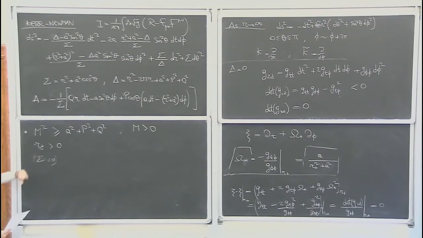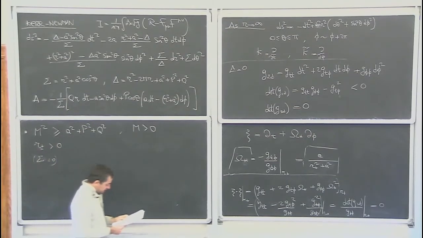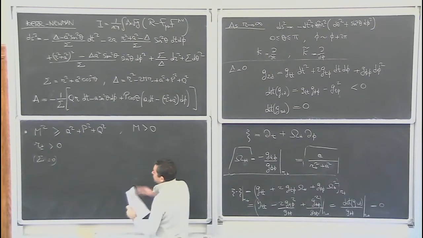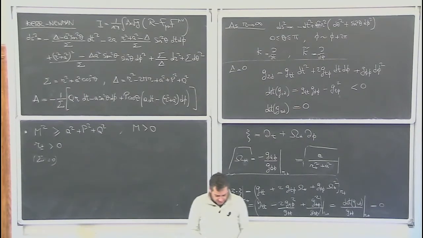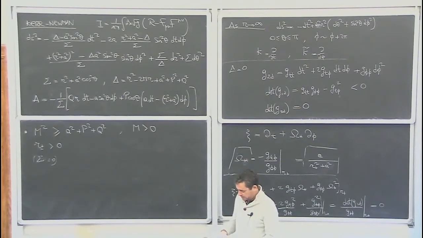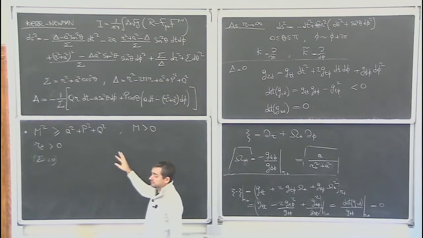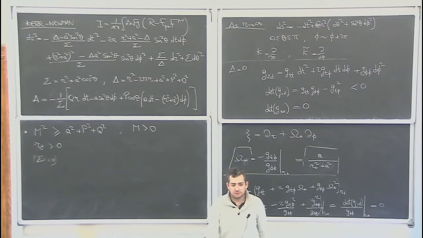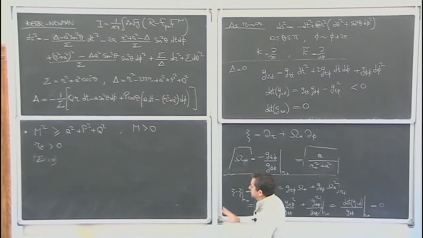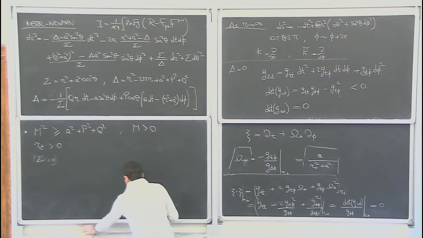We make this assumption, and the extremal value of the black hole, which will become important later on, is when this bound is saturated. If you remember the expressions of r_+ and r_-, we ensure this. If the singularity is not screened by the horizon, we say we have a naked singularity. This is considered non-physical, so we don't want to study that situation.